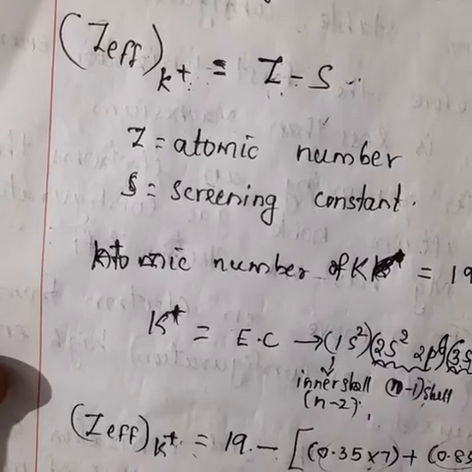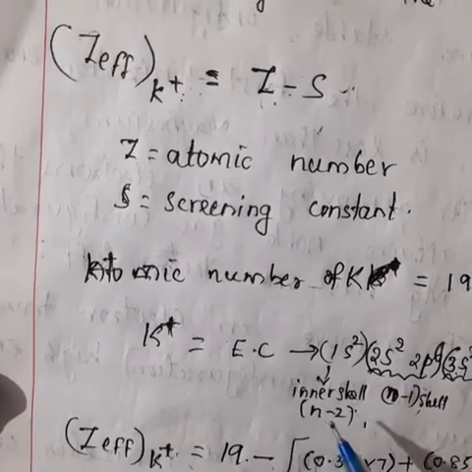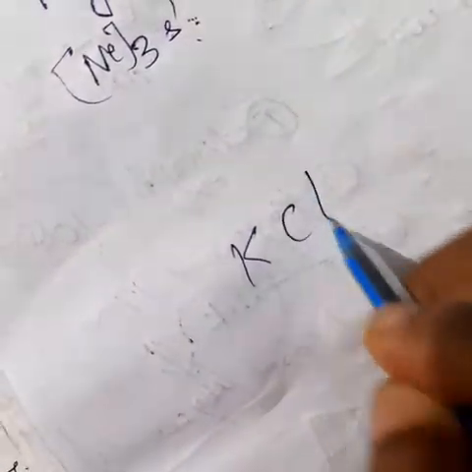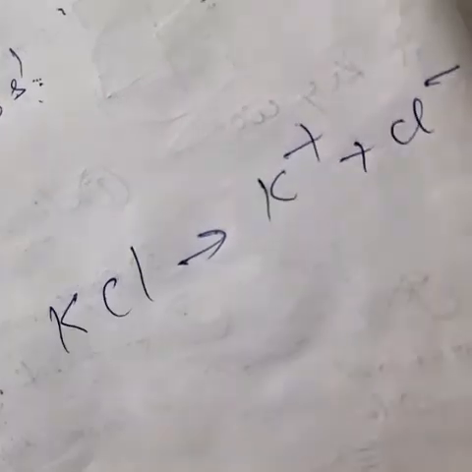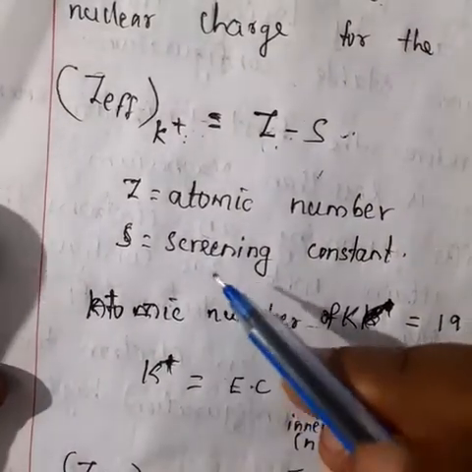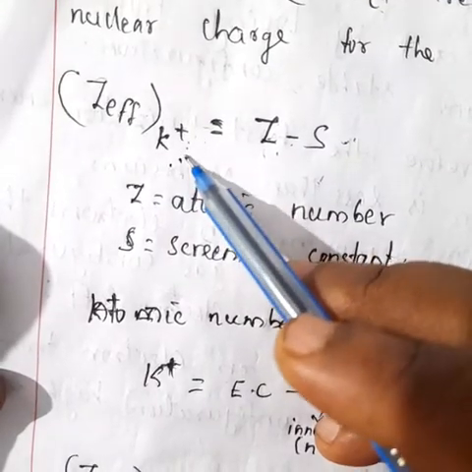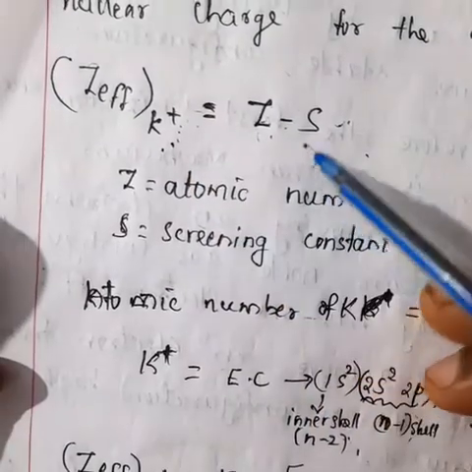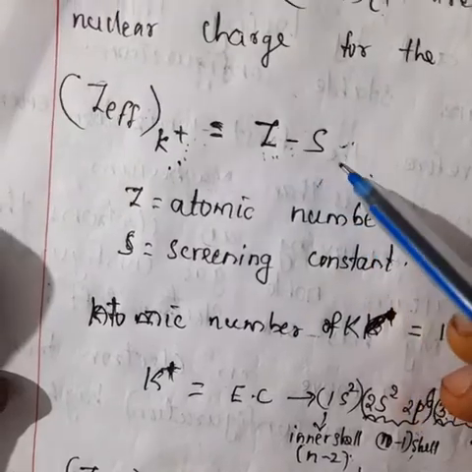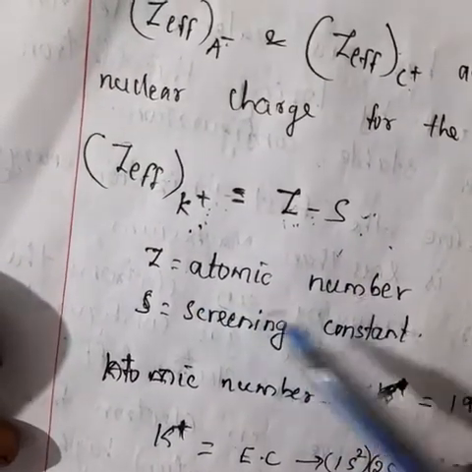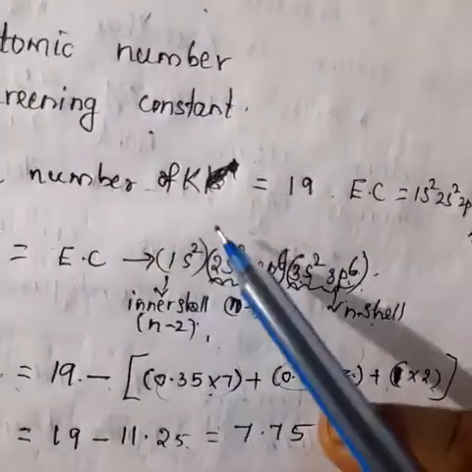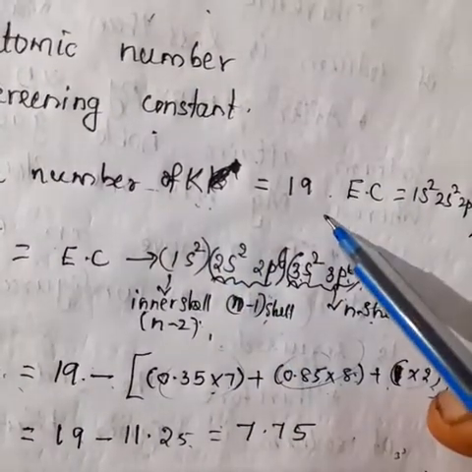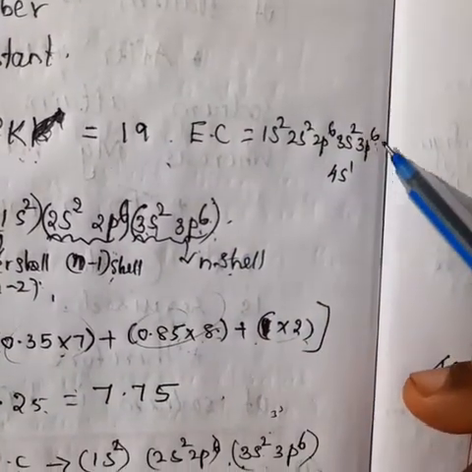Okay, so potassium chloride, KCl, on dissociation in the crystal gives K plus and Cl minus ions. First we should calculate the effective nuclear charge for K plus. What is the formula for calculating the effective nuclear charge? Zeff is equal to Z minus S. Z is the atomic number, S means screening constant. The atomic number of potassium is 19, with electronic configuration 1s2 2s2 2p6 3s2 3p6 4s1.